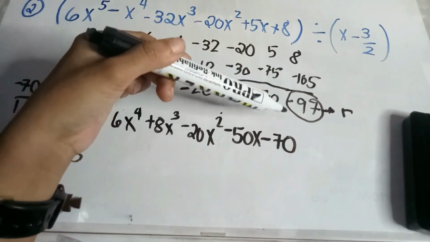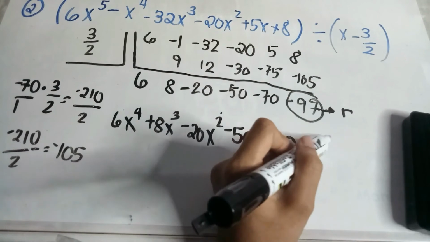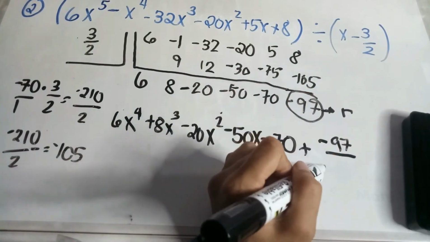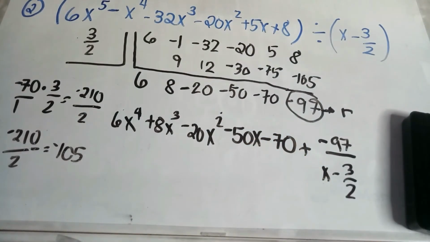Then minus or plus negative 97 over x minus 3 over 2.